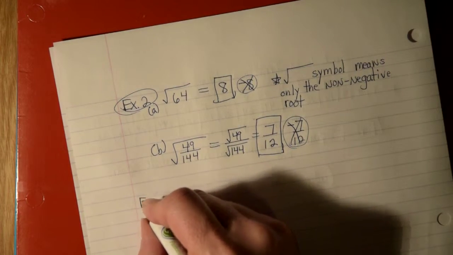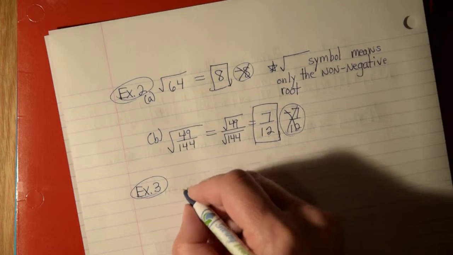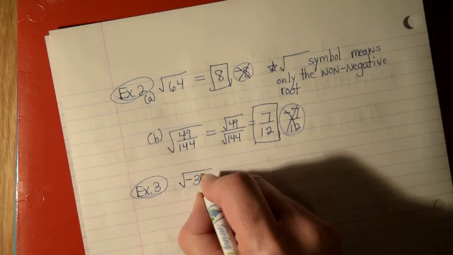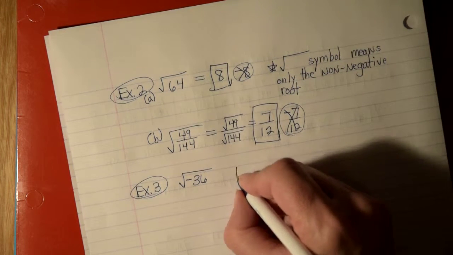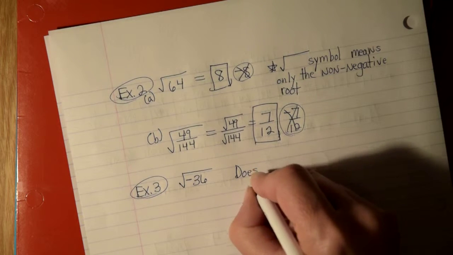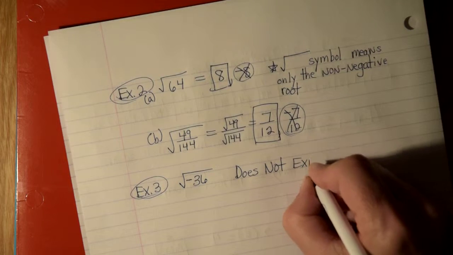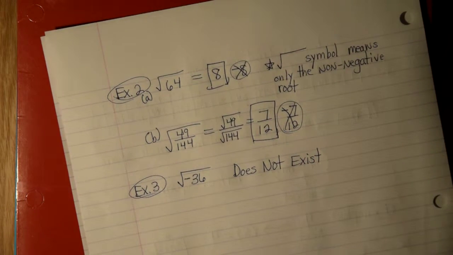Example 3, different type of problem. Different case, I should say. The square root of a negative number does not exist. And that's what you would put, does not exist. Or you could say not possible, or even imaginary.